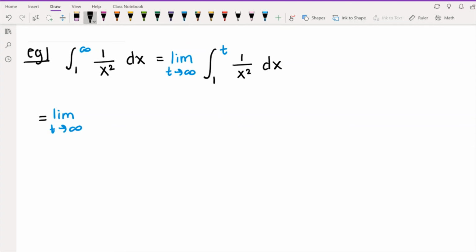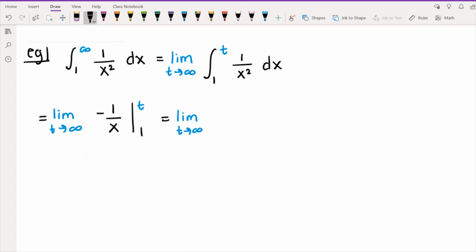So let's focus now on the integral. What would the antiderivative of 1 over x squared be? Well, we already saw it's negative 1 over x. And then we have to evaluate that at t and at 1. I know we're not used to plugging in another letter, but it works exactly the same as plugging in a number. So again, we're still taking the limit as t approaches infinity. We'll just write that down and do that later.